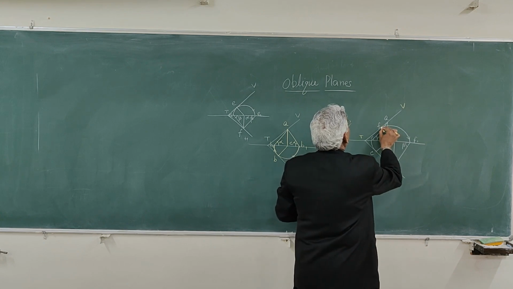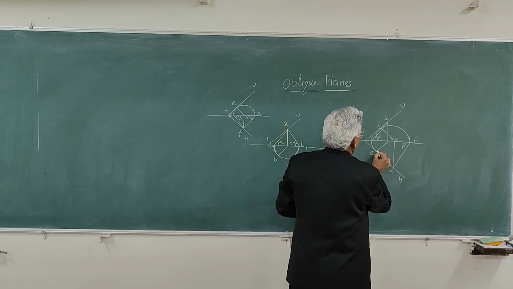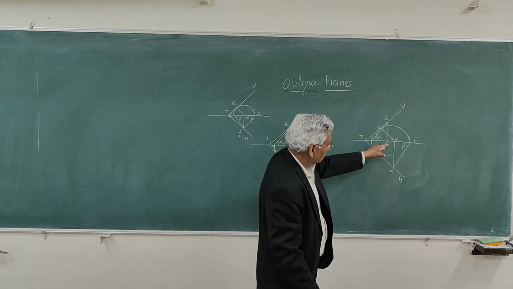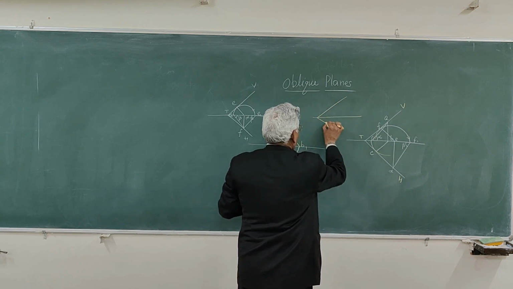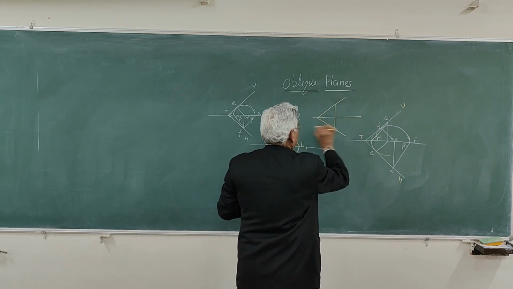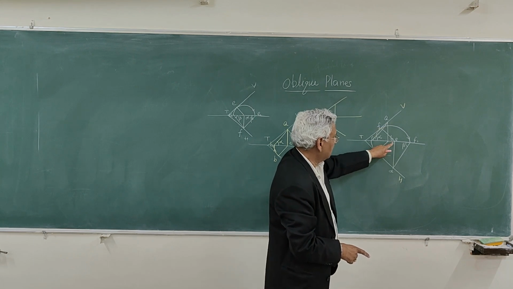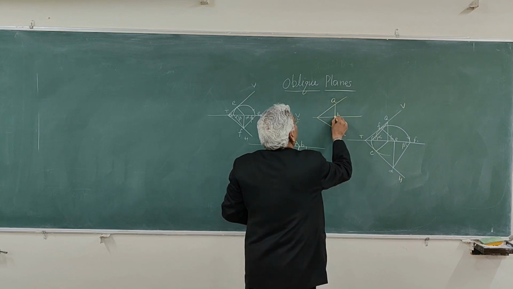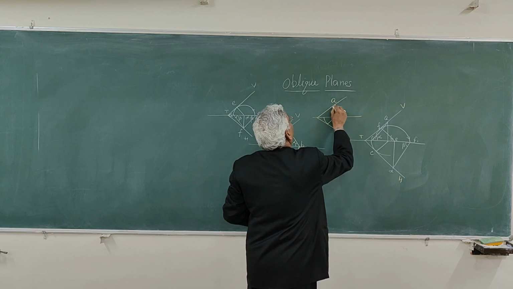Now, this vertical trace is tangential to this half circle and the horizontal trace is tangential to this half circle. You can redraw this figure by taking these points A, B and E, the same point. Let us say this is A, this is B, and this is the perpendicular, this is the point alpha.